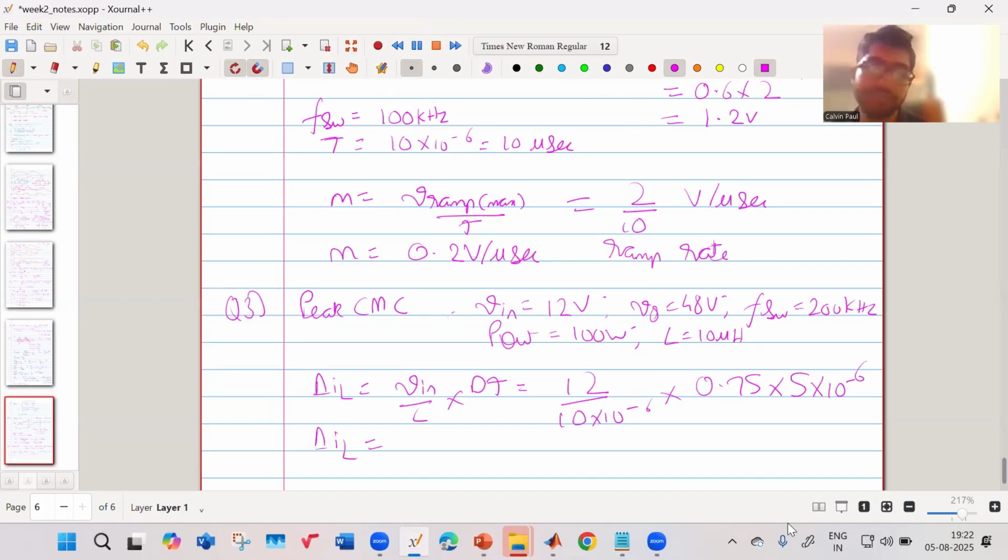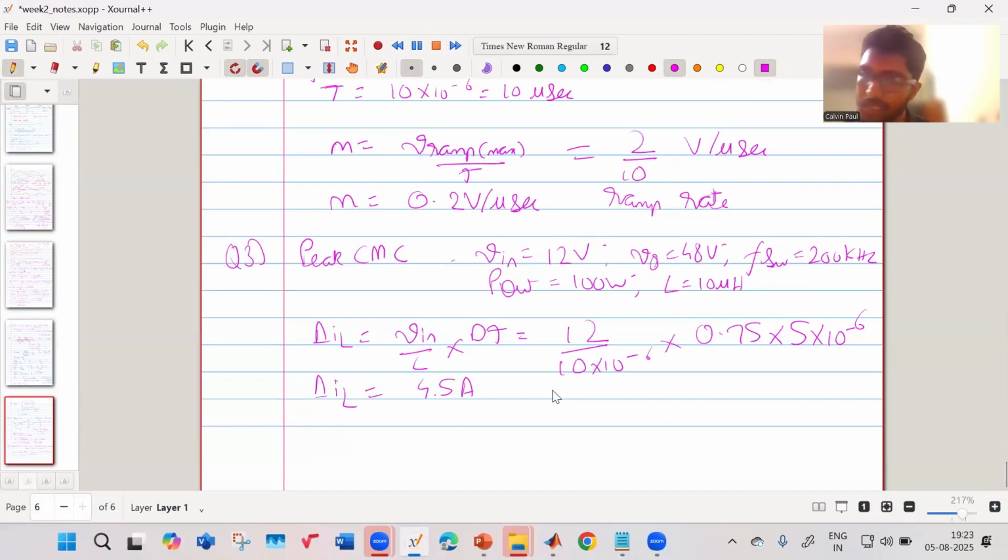Can you calculate and tell me? Thank you. So the current ripple comes out to be 4.5 ampere.